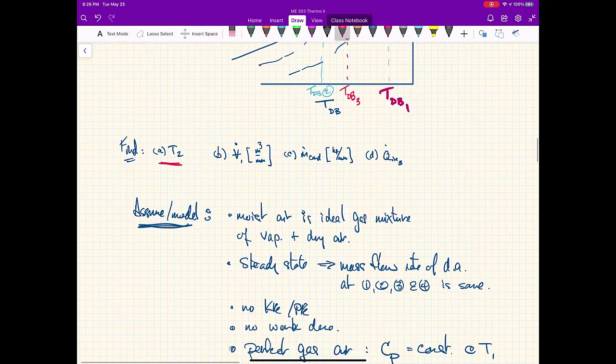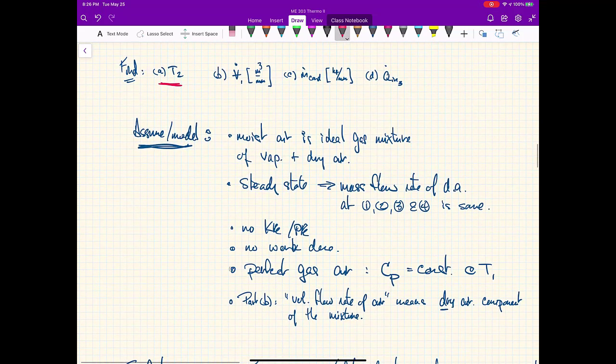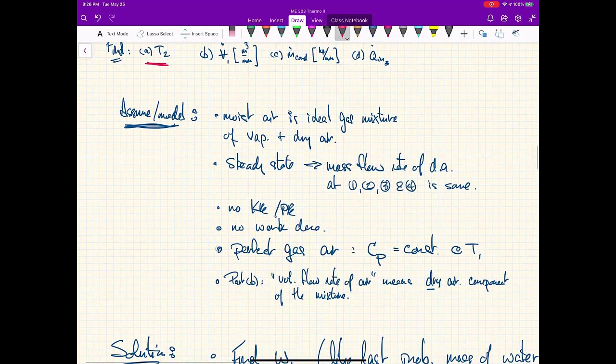So first, let's go through our assumptions in our model. We are modeling moist air as a mixture of ideal gases constituting dry air, which is just air at 28.96 kg per kmol of molecular mass, and pure vapor, superheated vapor that behaves as an ideal gas in that mixture. So I can apply Dalton's law and everything else that we've talked about with respect to psychrometrics.